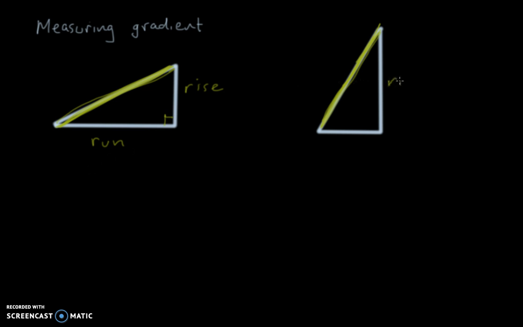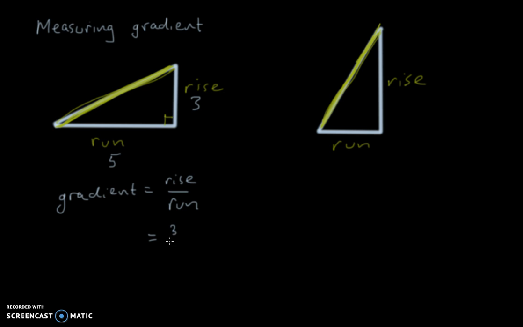In each case, what you do is you're comparing these two sides. So let's say you got out a ruler and you measured the rise here to be 3 and the run here to be 5. Well, your gradient measurement is your value of rise over run, or rise divided by run.